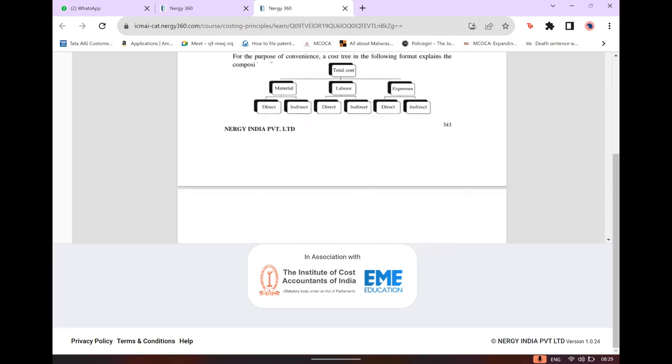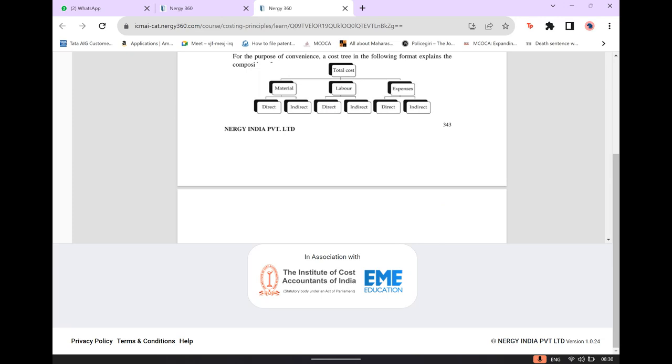So the thing is, you understand the format of the cost sheet. Direct material, direct labor, direct expenses will form part of your prime cost. For raw materials, opening stock of raw material plus purchases minus closing stock will give you the total consumption of materials.